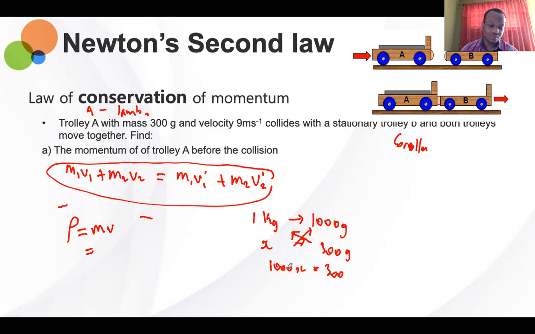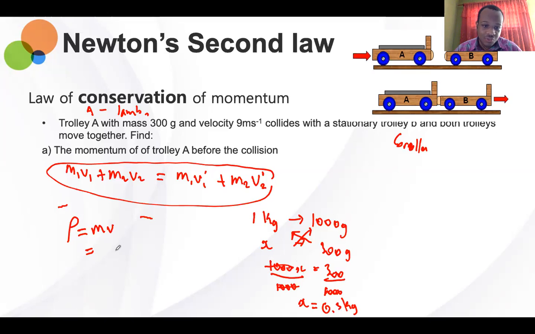How would you carry over the 1,000? Divide. So we divide both sides by 1,000. So these two cancel, right? And now we're left with 300 divided by 1,000, which is 0.3 kilograms.